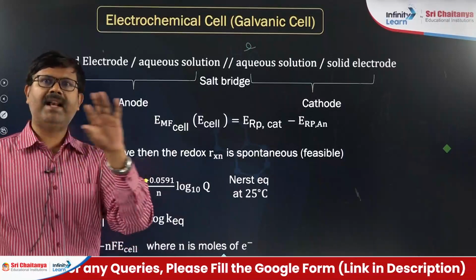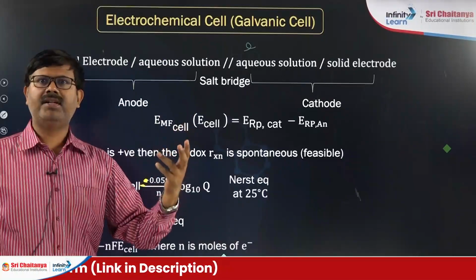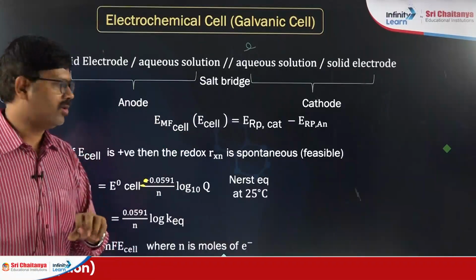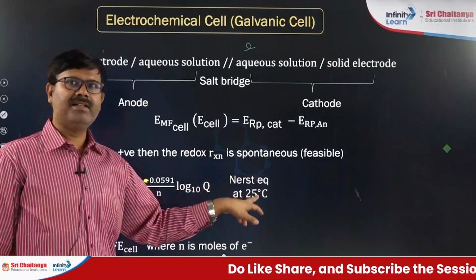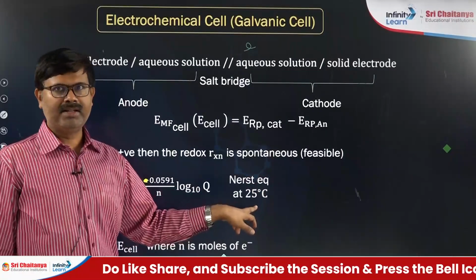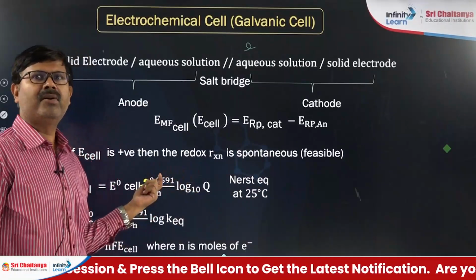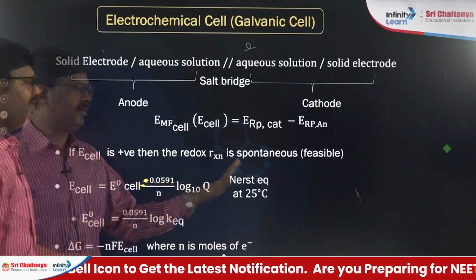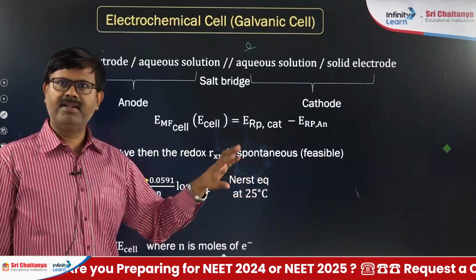That means when you write a balanced equation, products by reactants raised to their stoichiometric coefficients is called the reaction quotient. We will see some examples so that you will understand easily. This is the Nernst equation at 25 degrees centigrade, because when you take the temperature as 298 Kelvin, only then do you get the value 0.0591. If they don't mention anything about the temperature in the question, understand that by default it is 25.